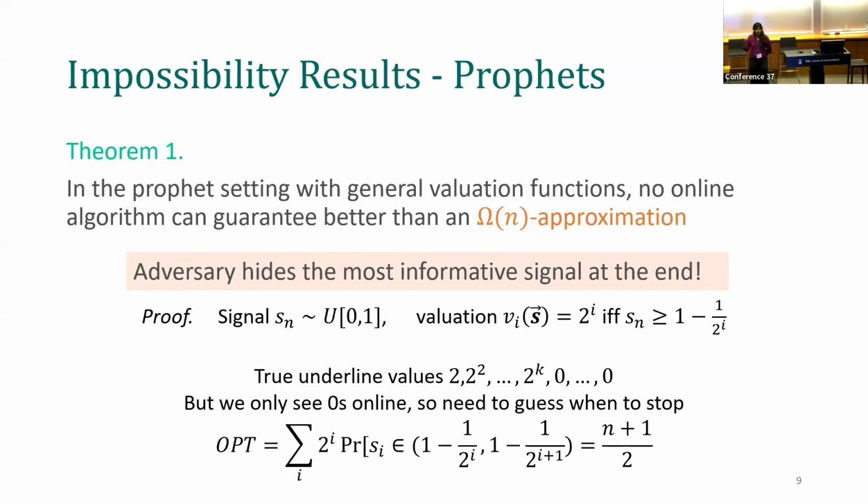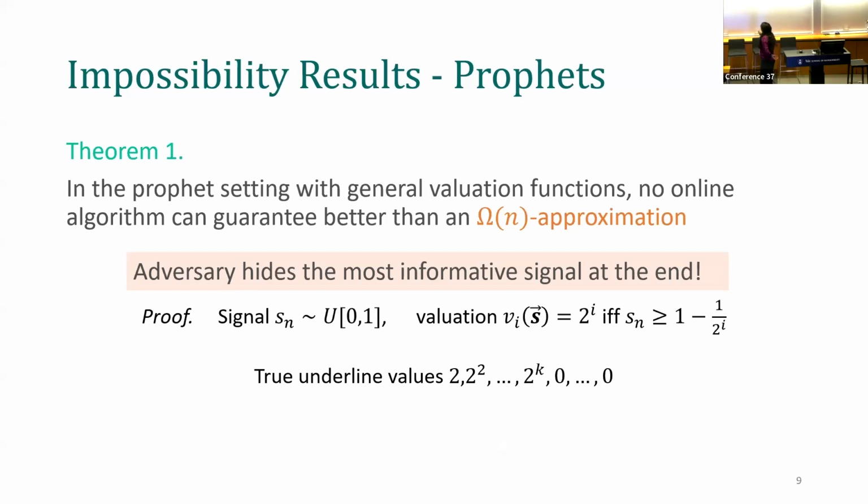So the expected value from any agent is actually just 1. But if you look at the true underlying values for any signal realization of Sn, they are going to be powers of 2, up to 2 to the k, and suddenly it's going to become zeros.